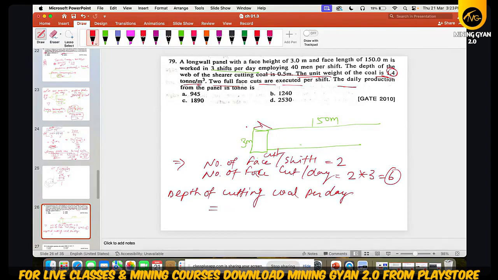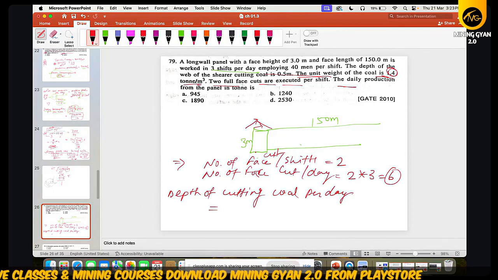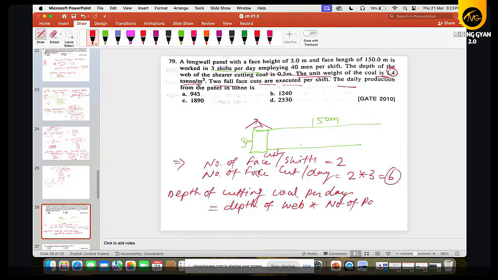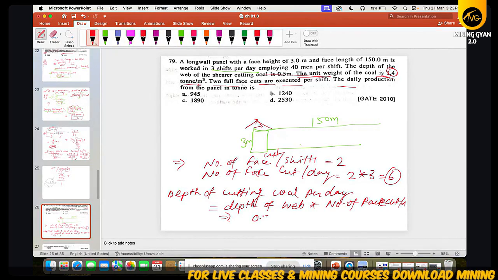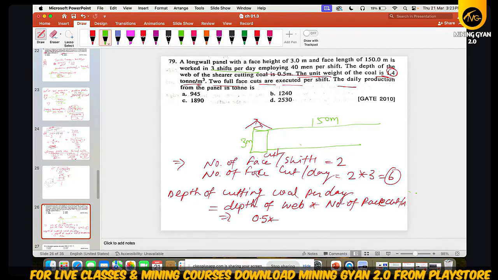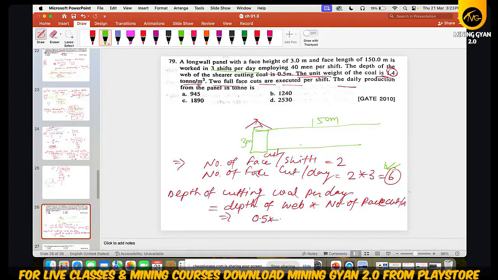It will be depth of the web multiplied by the number of face cuts per day. So depth of the web will be 0.5, and the number of face cuts we have calculated already is 6.